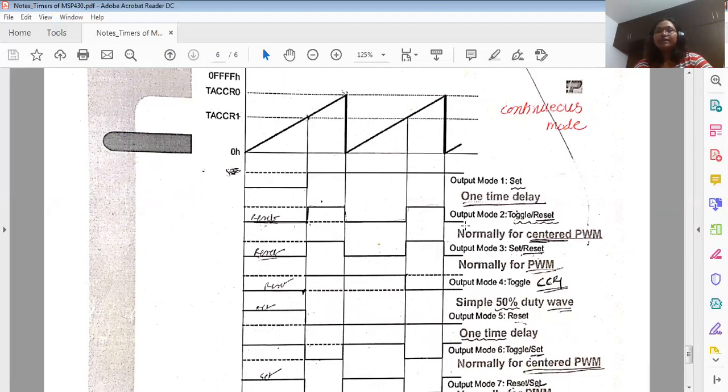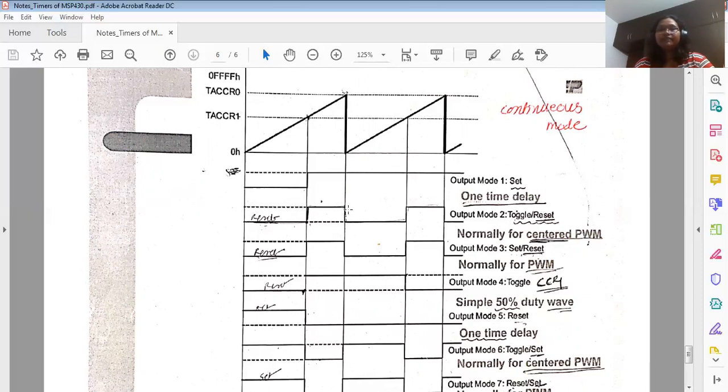Second mode, mode 2, is toggle reset mode. Initially it is reset, and when the event occurs, means when the TAR register value is equal to the CCR1 value, it will toggle. Initially it is reset, then after toggling it will be set.